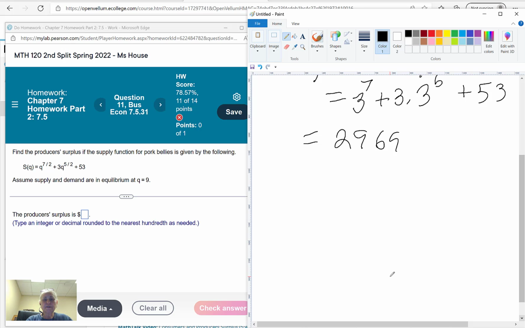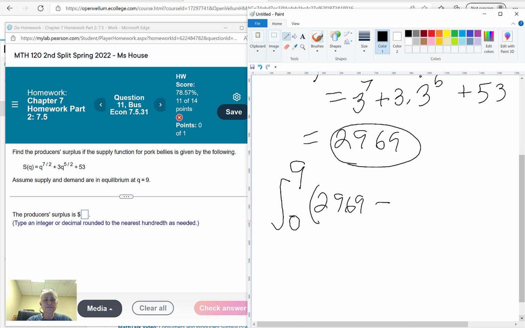So we're going to take the integral now from 0 to the equilibrium quantity of this value, 2969, minus the entire supply function. So I'm going to put it in parentheses: Q to the 7/2 plus 3Q to the 5/2 plus 53.